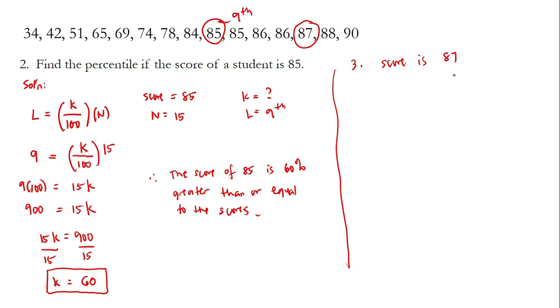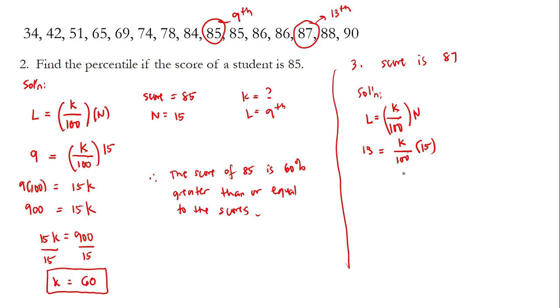So, find the percentile. Again, using the formula, we have L equals K over 100 times N. What is the position of 87? So, 9, 10, 11, 12. Okay, 13th position. So, we will replace L with 13 equals K over 100 times N is 15.